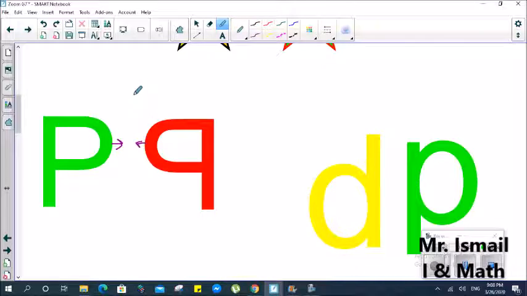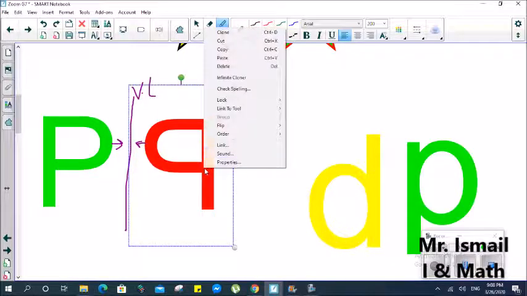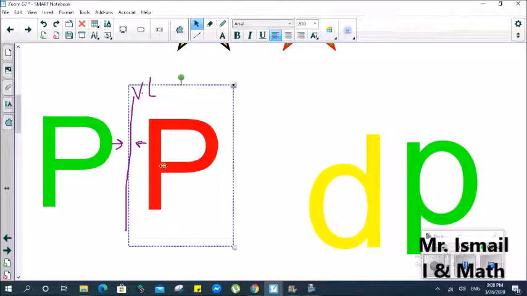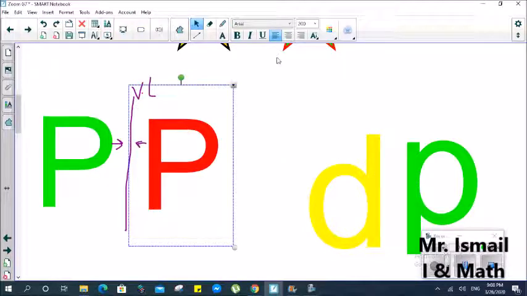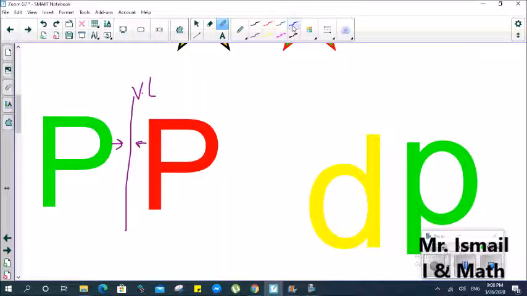Okay? You see this line? This is a vertical line. Let's reflect it. You see? Now it will be the same direction.